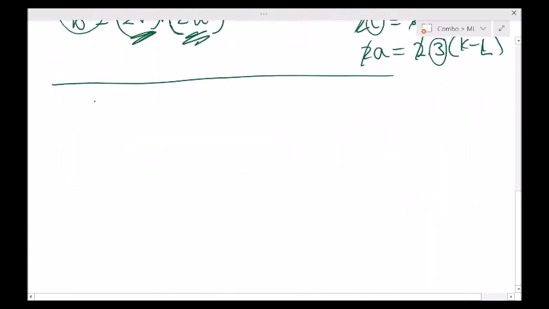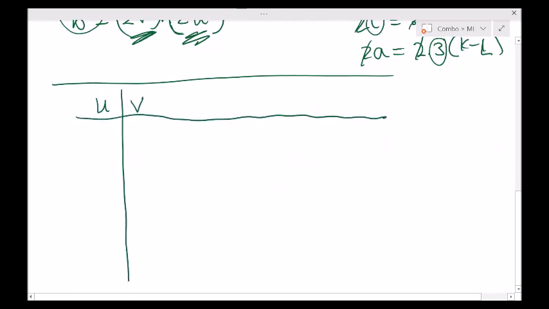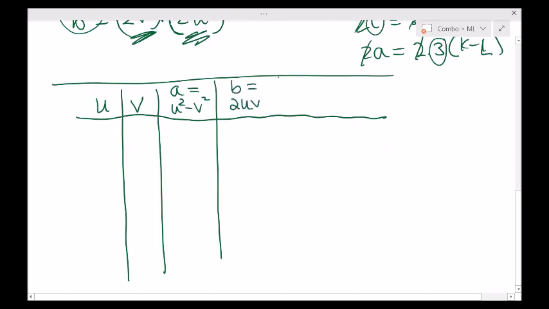So we have a U, a V, and then A, which is obviously equal to U squared minus V squared, and then we'll have a column of B, which is 2UV, and then a column of C, which is U squared plus V squared.